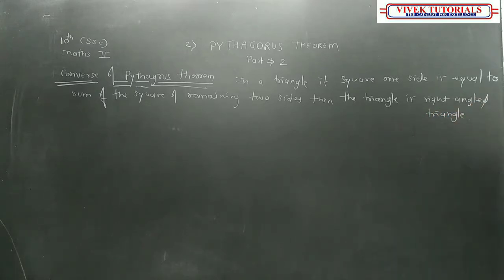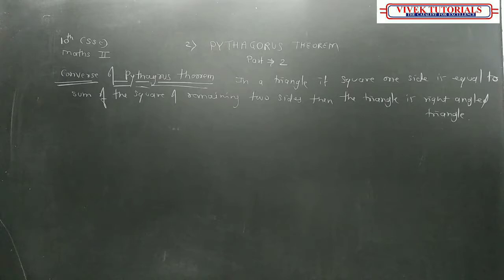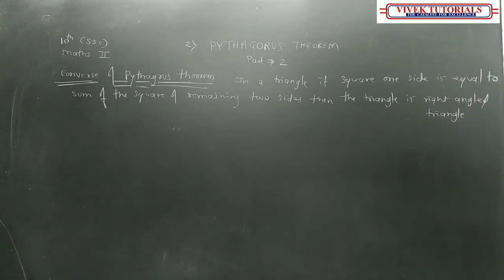Once again, in a triangle, if square of one side of a triangle is equal to the sum of the squares of the remaining two sides, then the triangle is a right angle triangle.